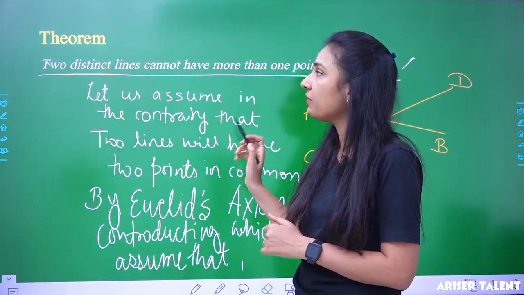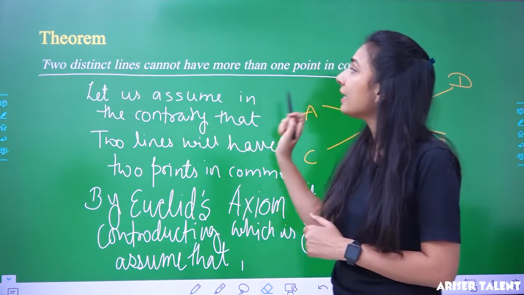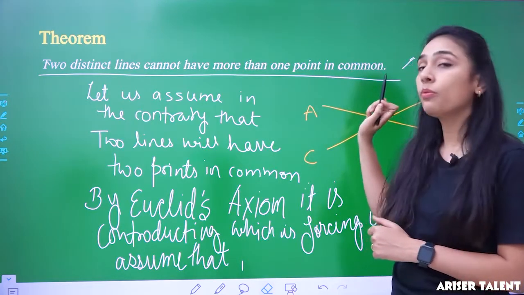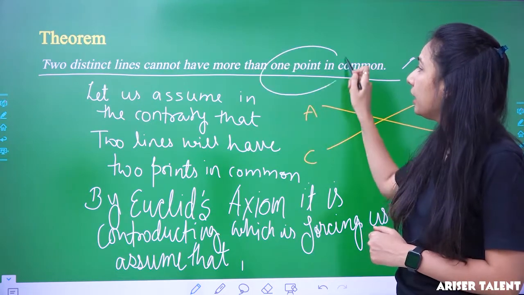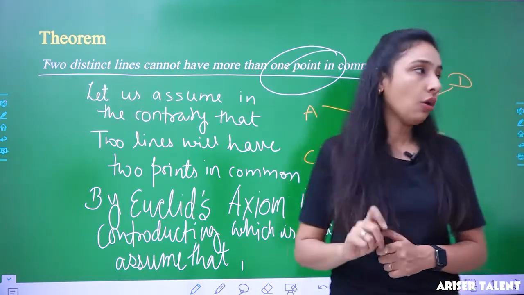In this case, we were assuming that two distinct lines can have two points in common, which was not possible. So we concluded that they will have only one point in common.